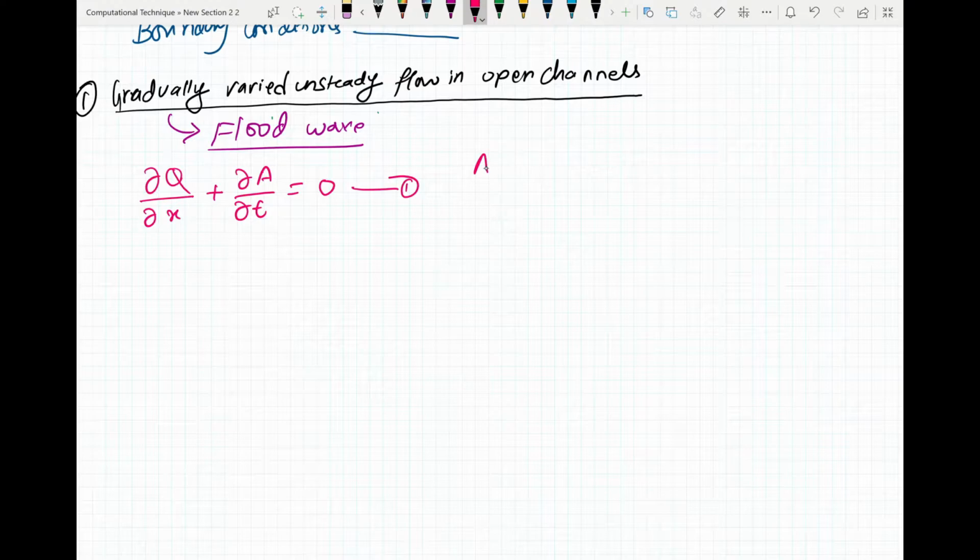where area is given by top width times depth of the water flow.